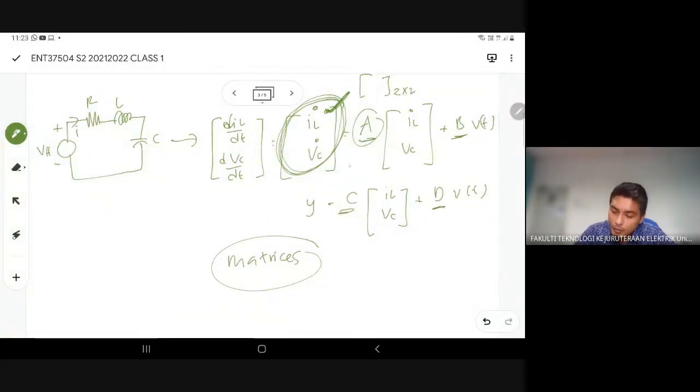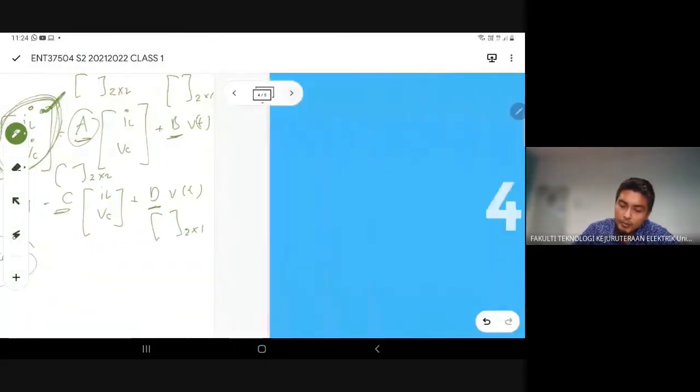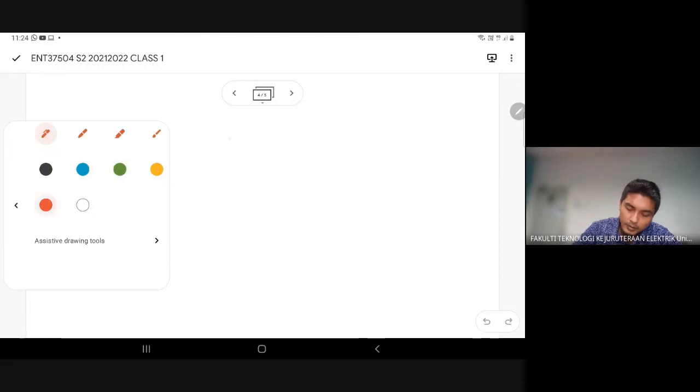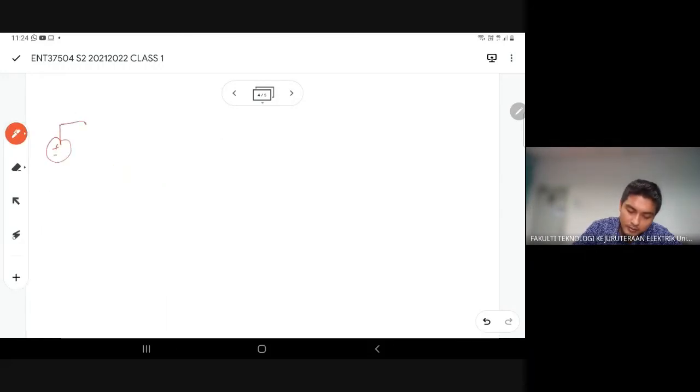This one also a 2 by 2 matrix. And then this will be a 2 by 1 matrix, and also this one will be a 2 by 1 matrix. So let's say if you have more, in this case you have this kind of circuit equation.